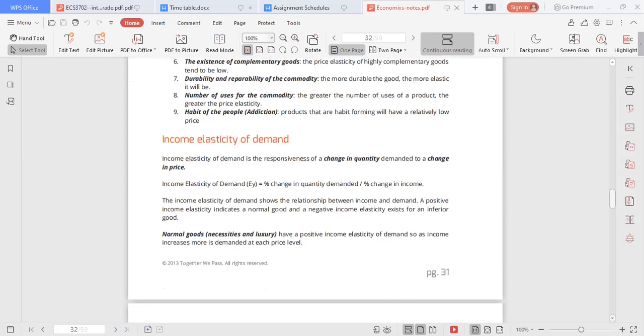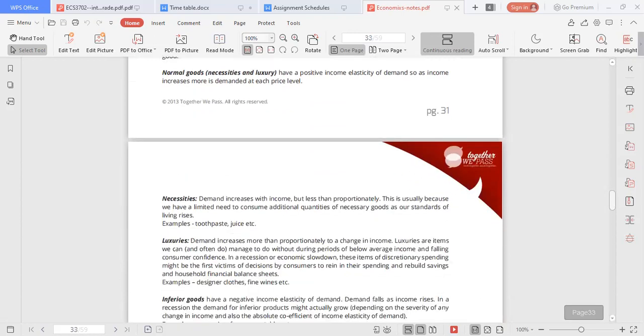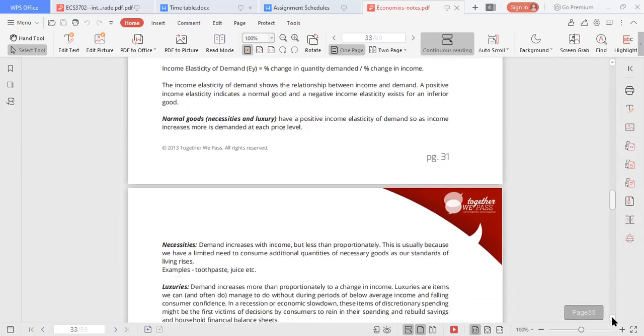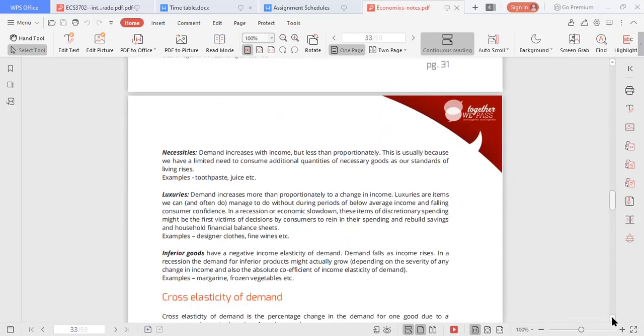Income elasticity. So we did take into account income elasticity, and we said that after we have calculated it as the percentage change in quantity demanded divided by the percentage change in income, then you comment. Is it a normal good or is it an inferior good? You can also show whether it is a luxury or a necessity.